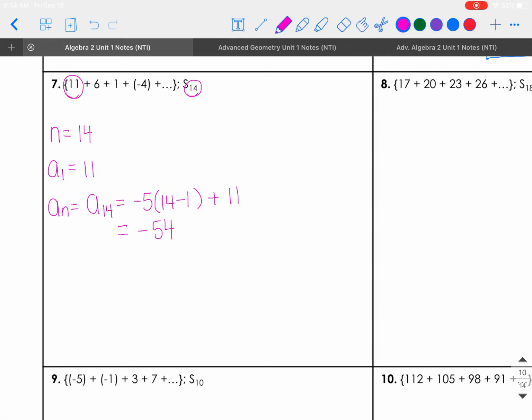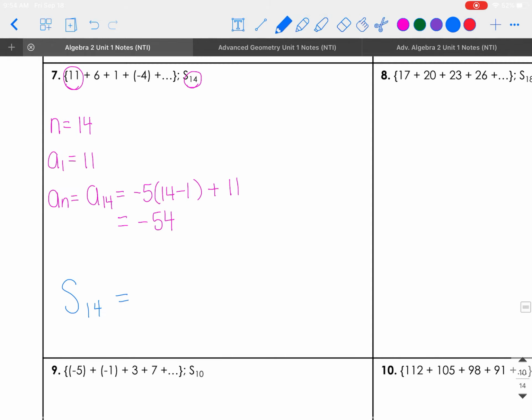And we get -54. Plugging into the formula, and we get -301.